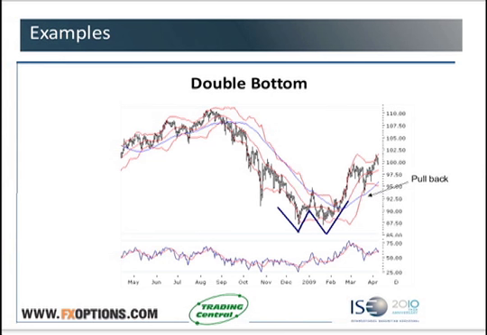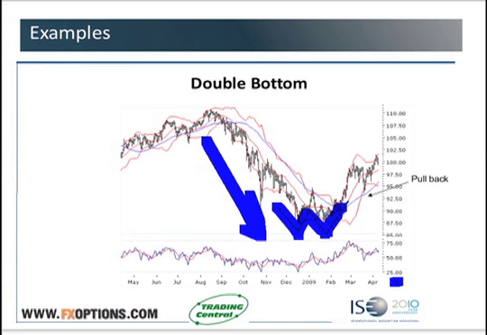This is on a daily chart. You can see the overall bearish trend and two peaks on the downside, which are, as I said before, equivalent in terms of size and amplitude and timing.